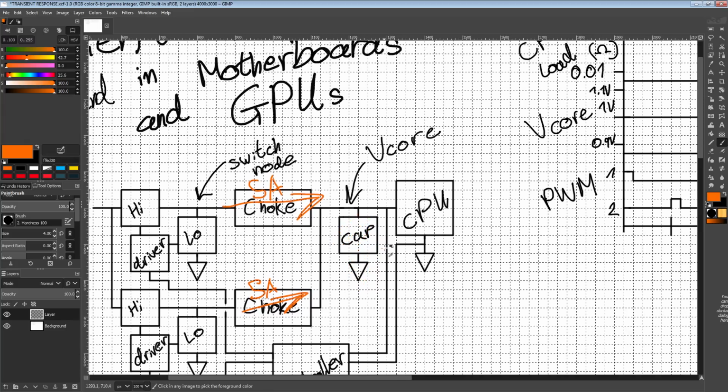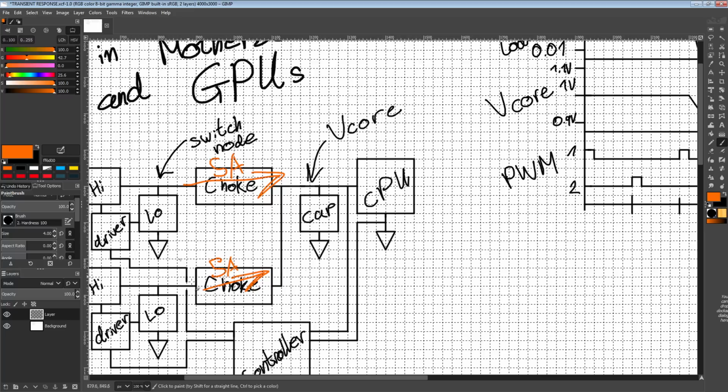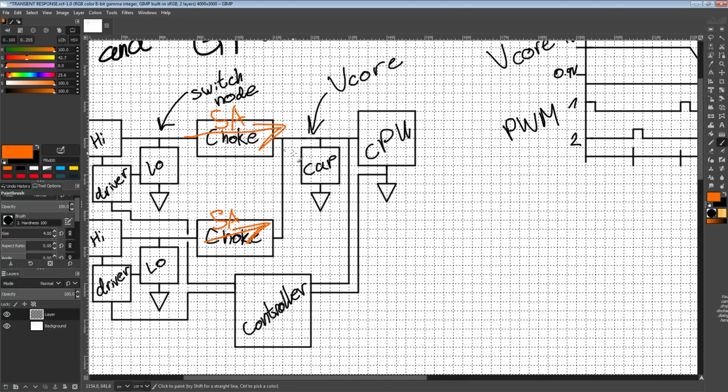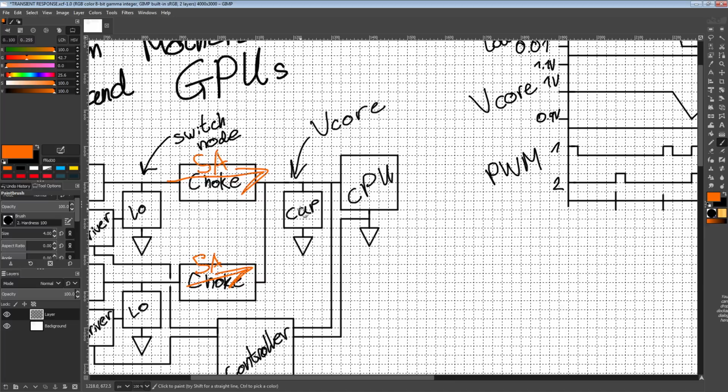So the solution to the problem is our lovely capacitor bank here, because all of the current that we can't get out of our inductors, because they just don't work that way, we can get out of our capacitor bank, at least temporarily. So for a little bit, we're basically going to have 90 amps, not really, but pretend like it is, because it's simpler to just pretend that it is 90 amps.